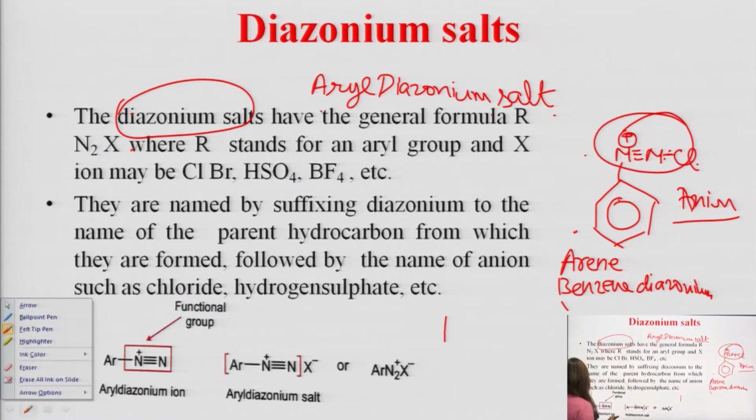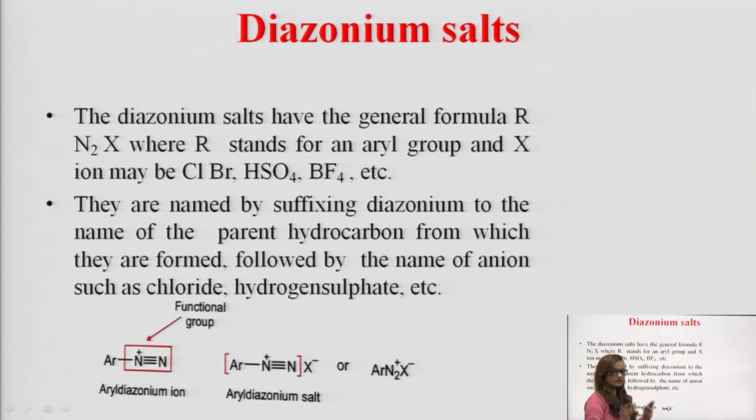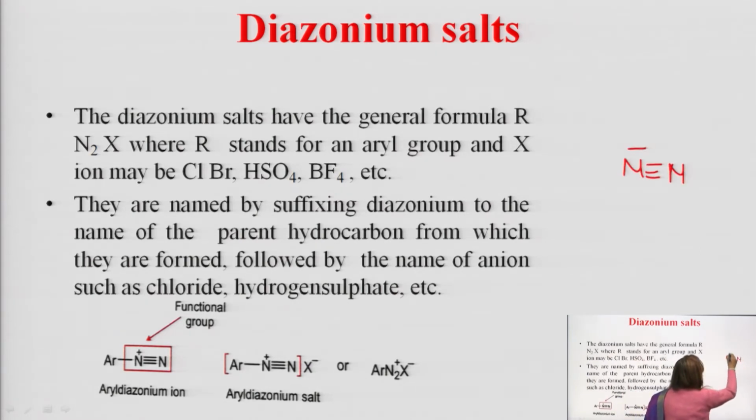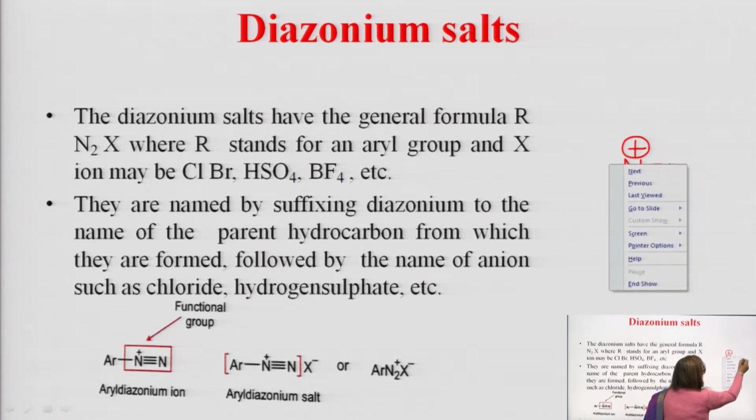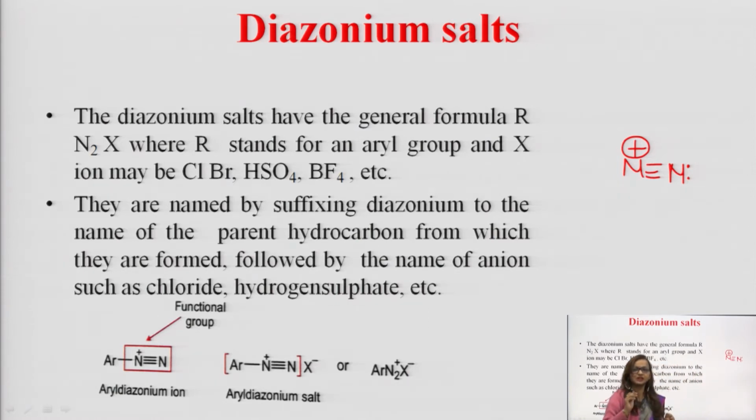Again, you can see what diazonium is: N triple bond N, in which one nitrogen has a positive charge and one has a lone pair of electrons. This is diazonium. If it is attached with any aromatic ring, then it becomes aryl diazonium.